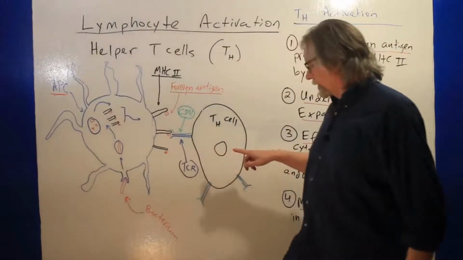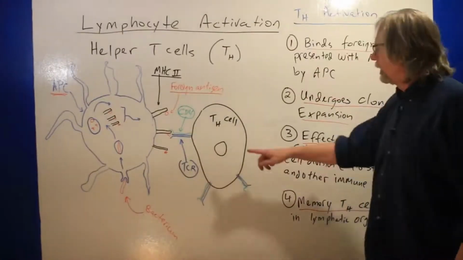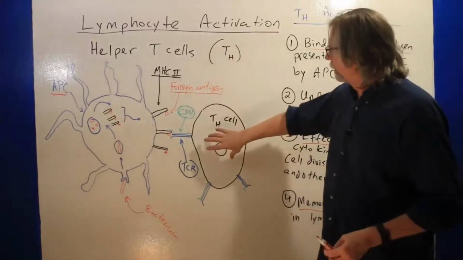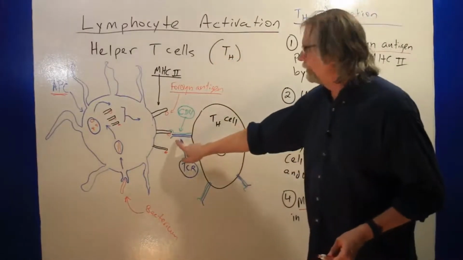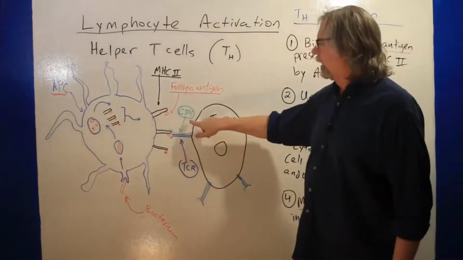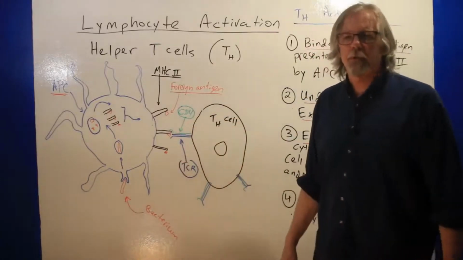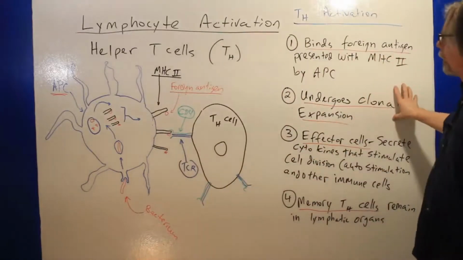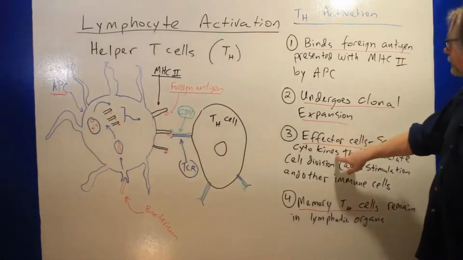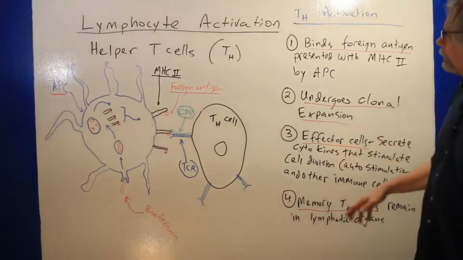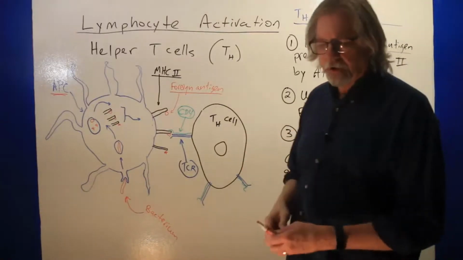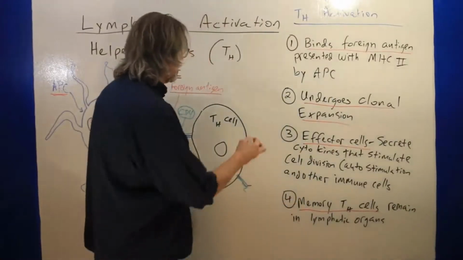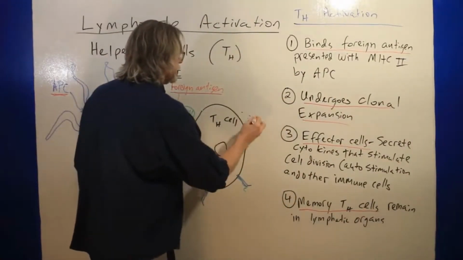This helper T cell now is going to divide very rapidly, and it's going to form an army of helper T cells that have the exact same T cell receptor coupled with CD4 co-receptor. Now you have thousands of these cells. All right, most of these cells are going to become effector cells. For helper T cells, effector cells become secretory factories. They secrete lots of cytokine molecules.